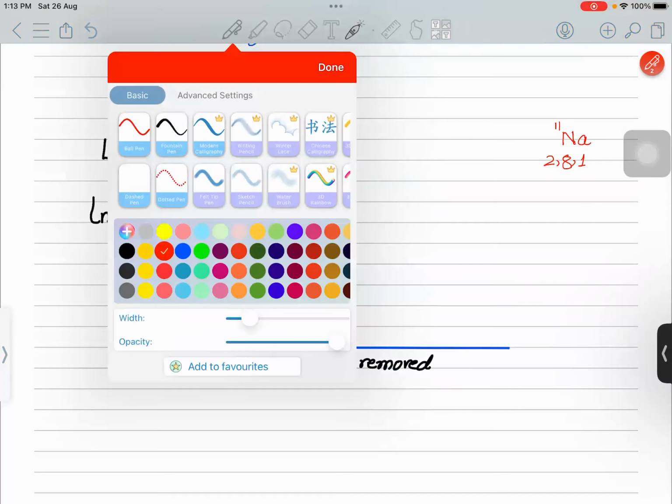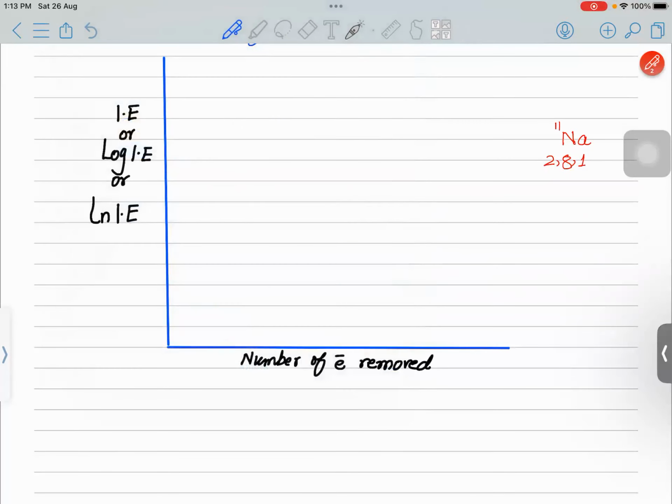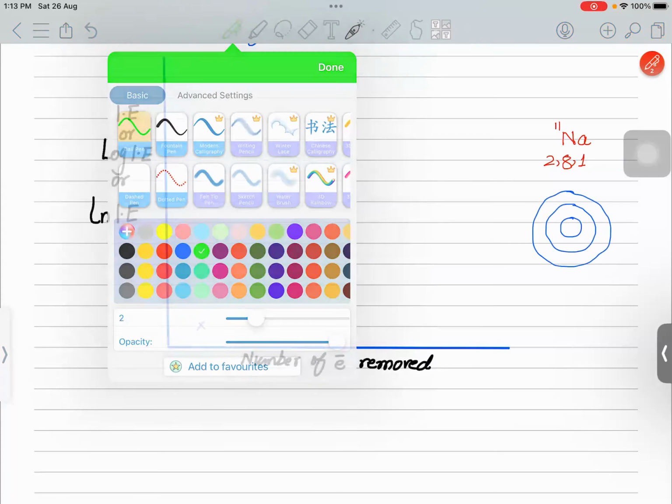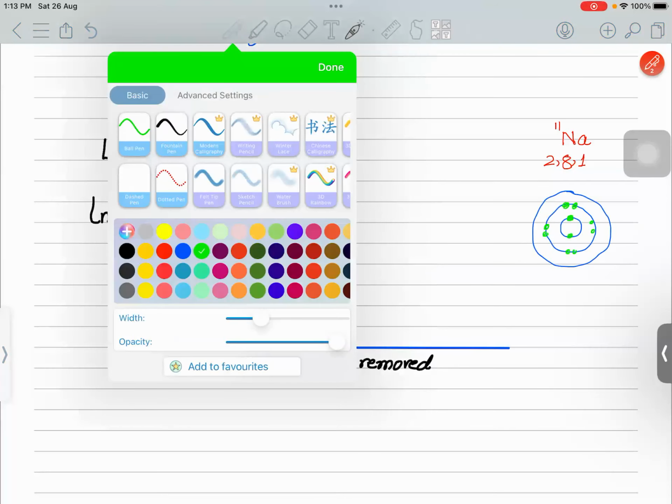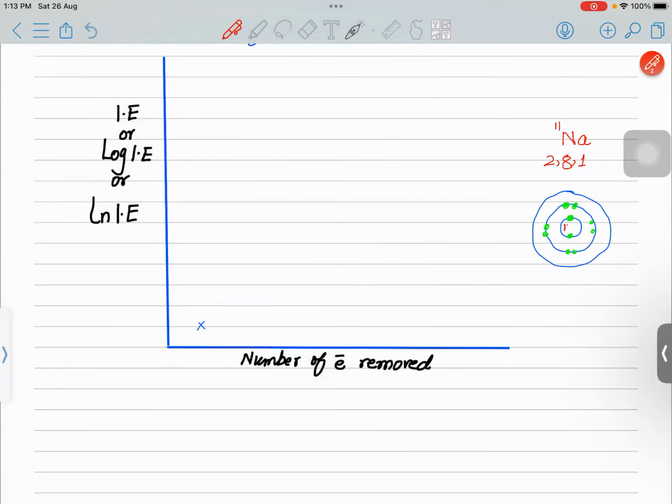Can anyone tell me how many valence electrons are in sodium? One. So here we have one electron for sodium. Now you can see the shells: two electrons, then 8 electrons, then 1 electron. In the nucleus, you have 11 protons.